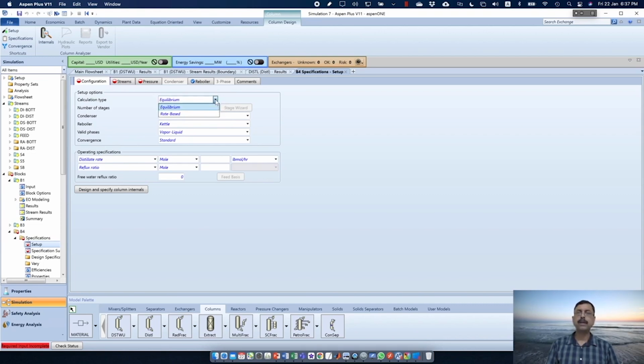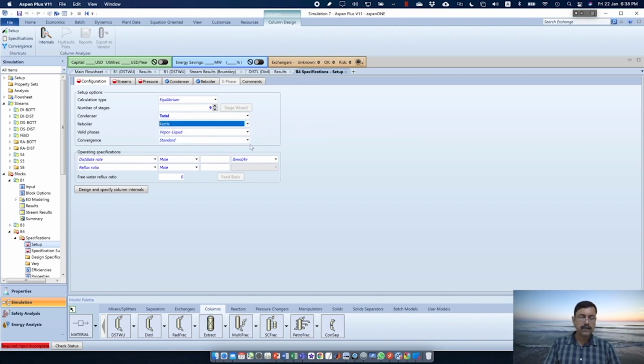For this calculation, we will use only equilibrium model, but later we will see the rate based calculation for some other problem. Number of stages we have to give 9. Condenser is obviously total condenser, no vapor fraction. Reboiler we can use either kettle type or thermosiphon type. Let us keep it as kettle type.